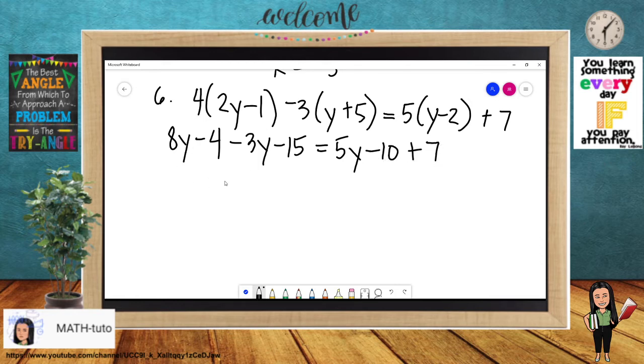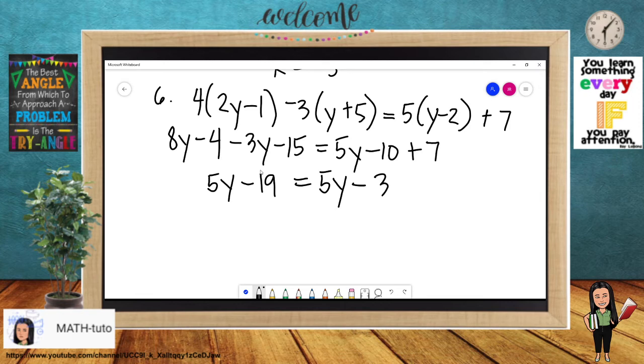And on this side, we have 5y minus 19 equal to 5y minus 3. Okay?